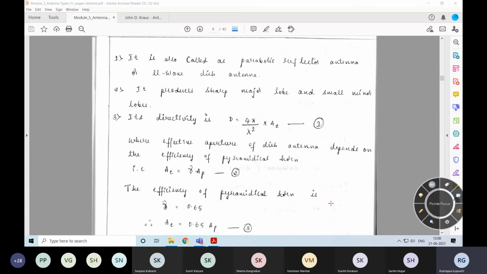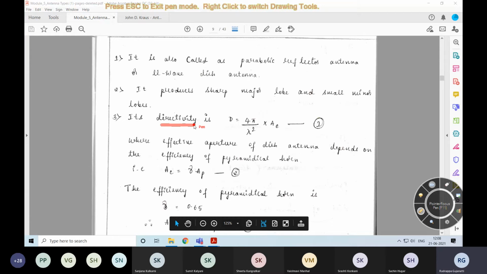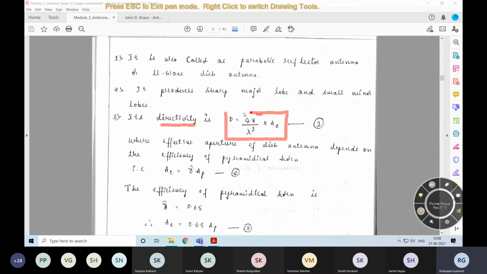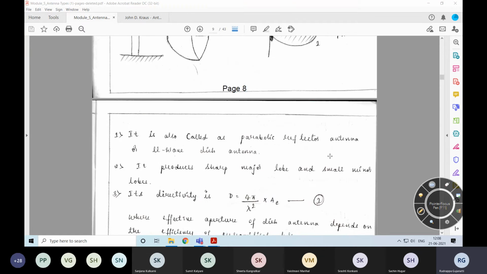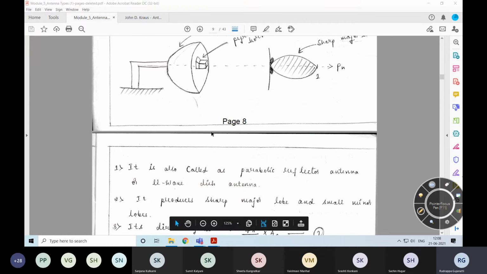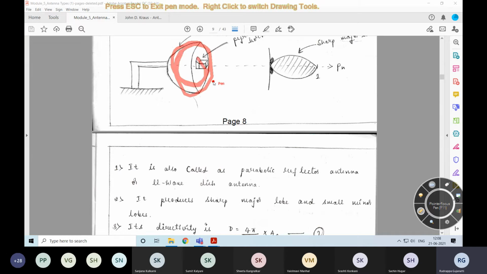Here, a few parameters to note down, first the directivity. Directivity is majorly given by D = 4π/λ² × AE, where AE is the effective aperture. When we consider this parabolic structure, we have the physical aperture, which is given by the entire structure.